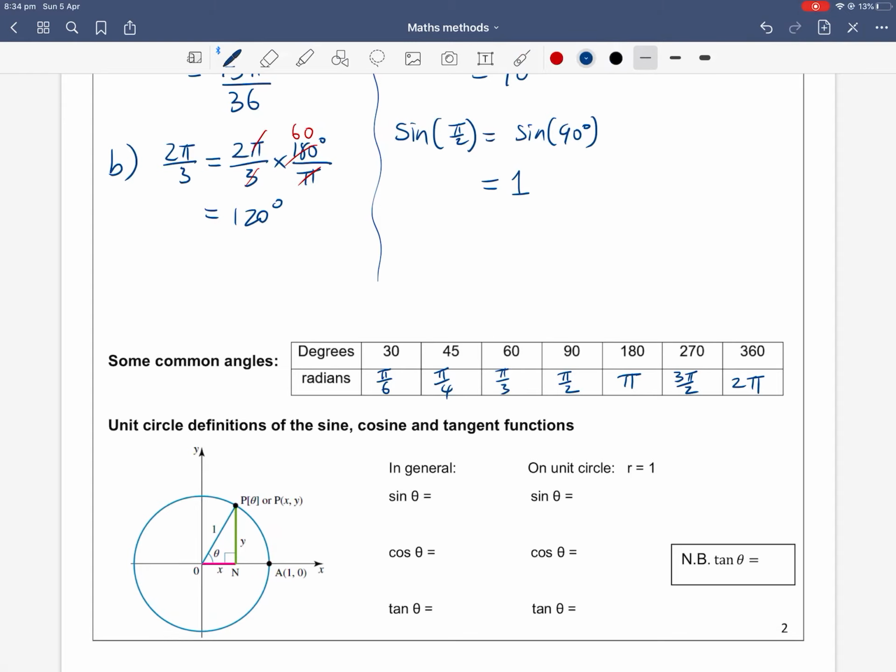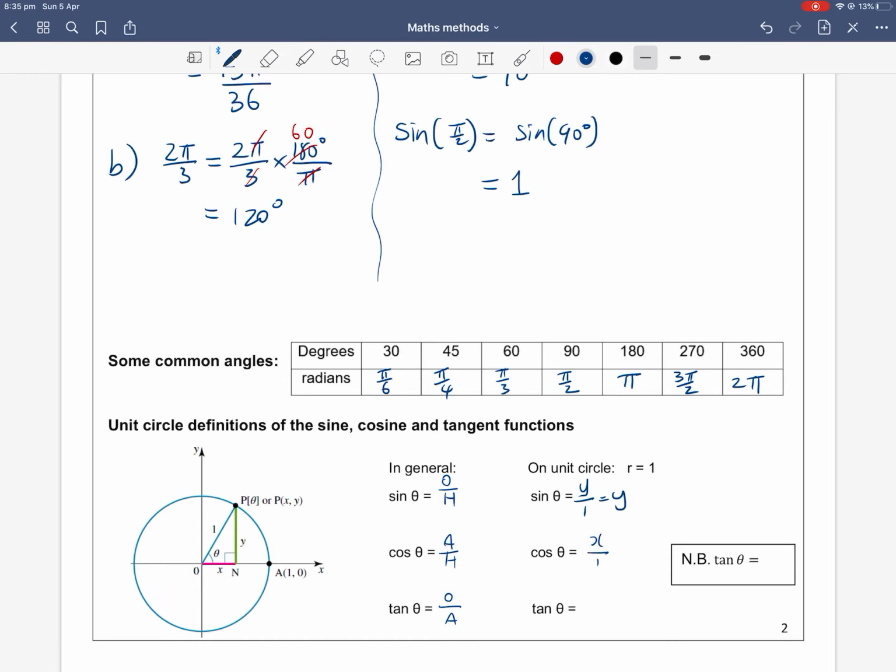So remember SOHCAHTOA: sine is opposite over hypotenuse, cosine is adjacent over hypotenuse, and tan is opposite over adjacent. So what this means on a unit circle is, sine of theta, the angle here, is opposite over hypotenuse. Opposite is y, hypotenuse is 1, so sine is y over 1, which is y.